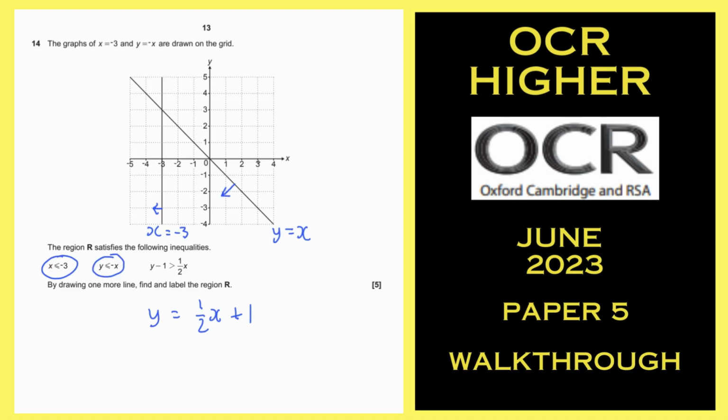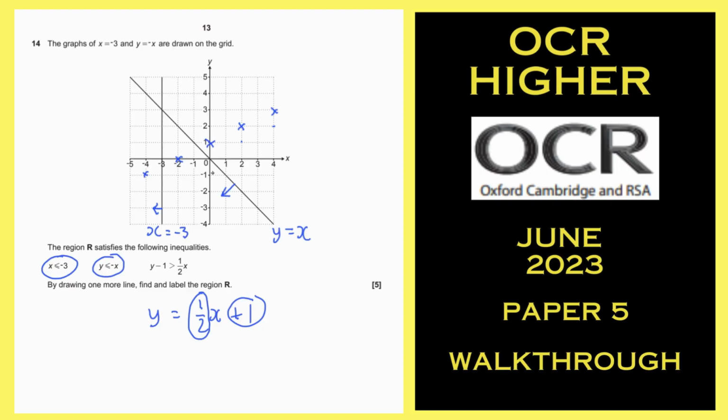To plot that, the intercept is 1. And what does a gradient of a half mean? Gradient of a half means you need to go along 2 squares in order to go up 1. Along 2, up 1. And that pattern will go that way around.